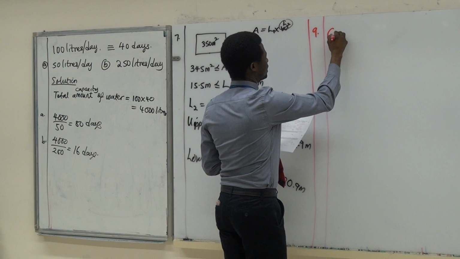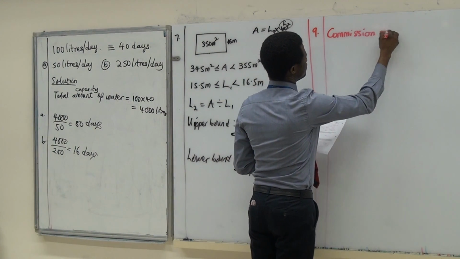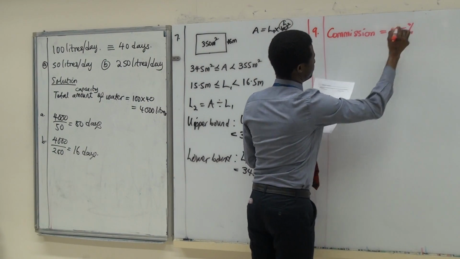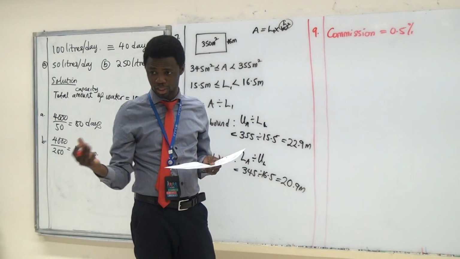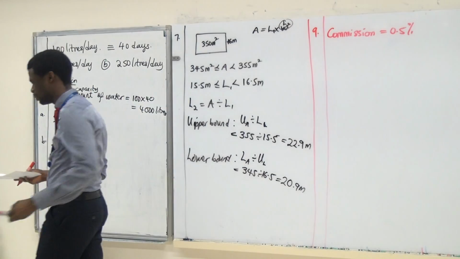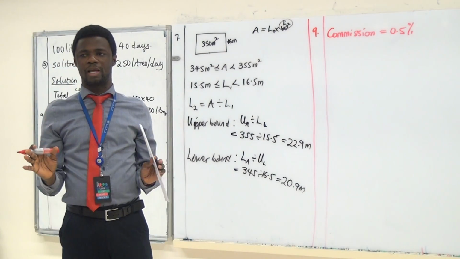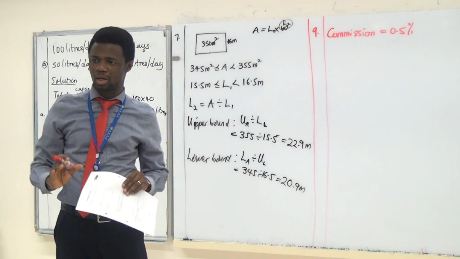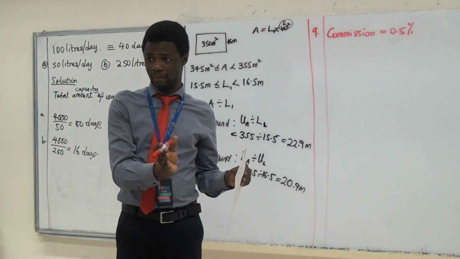So imagine I'm sending money to maybe Justin, and 0.5% of the amount I'm sending is the bank commission for helping me move the money out of the country.